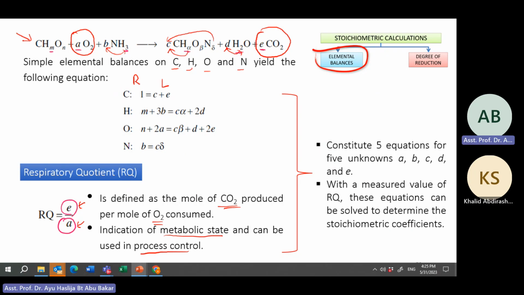So from there, you will know how much CO2 is being produced. Okay, up to there, any question?